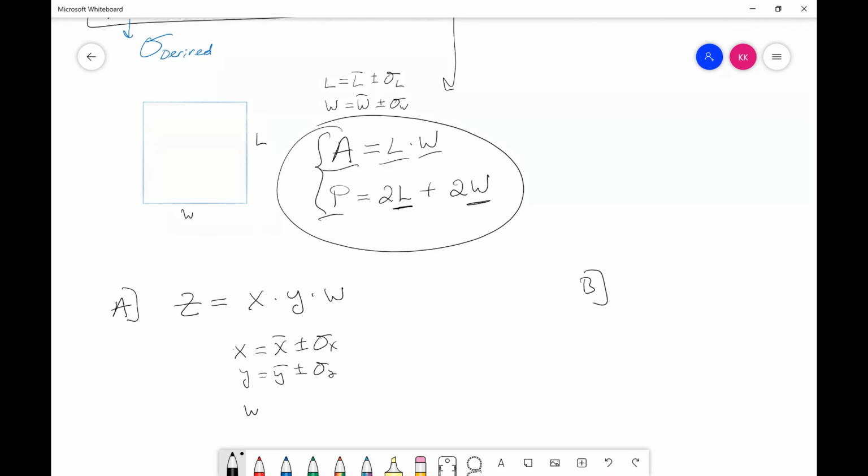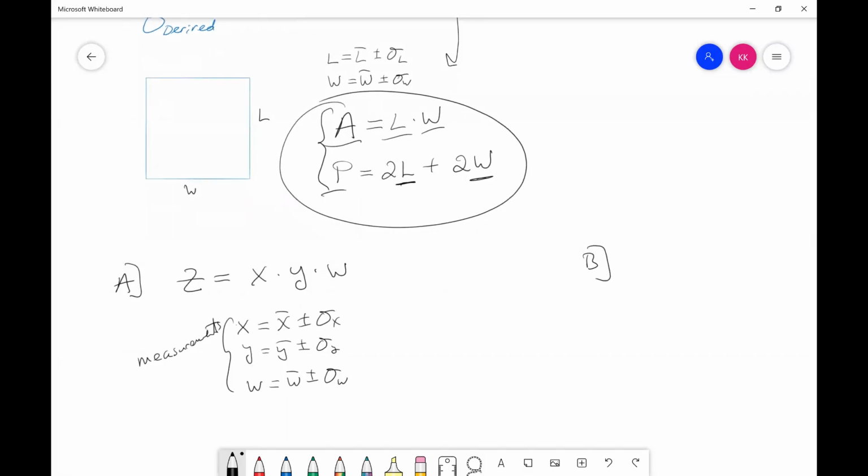Those things are measurements. But some equations can also have what we call a constant. So A is some kind of constant.